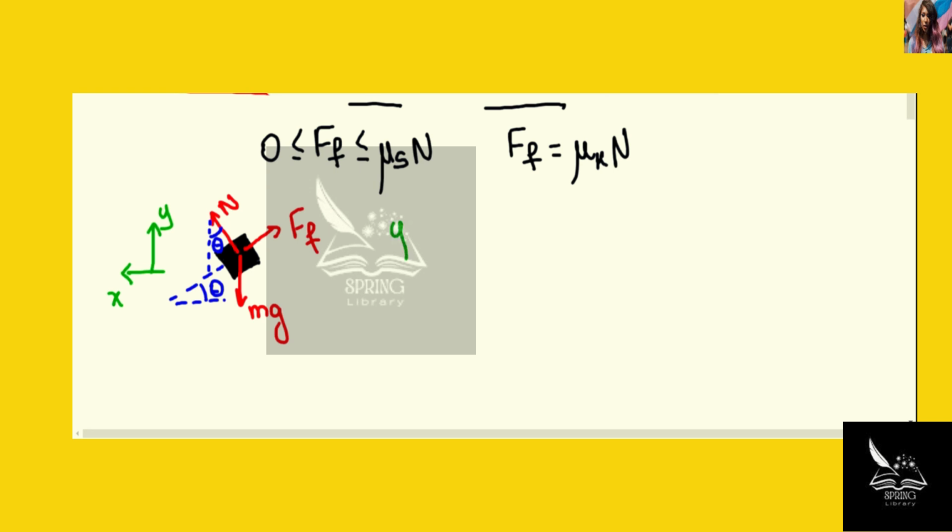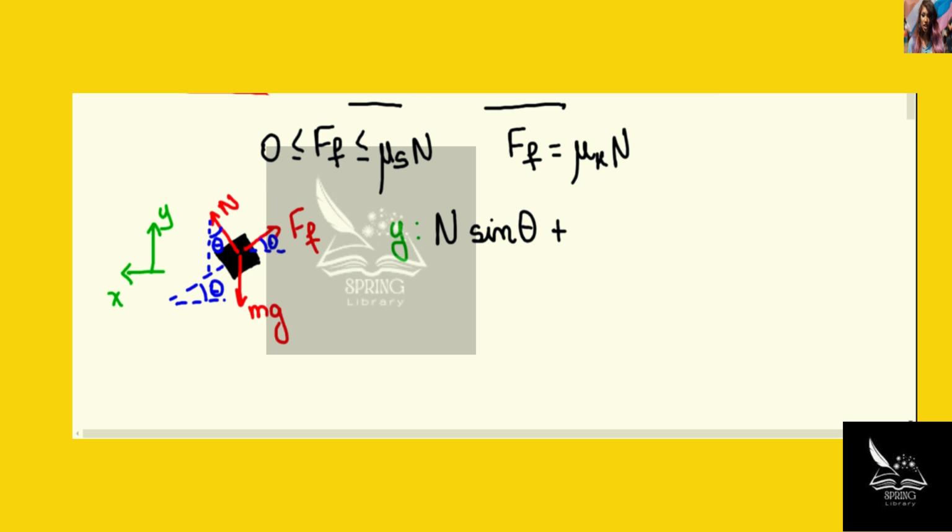So in the y component, we have n times the sine of theta, minus or plus the friction force times the cosine of theta.